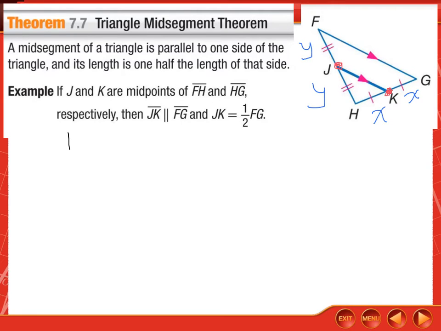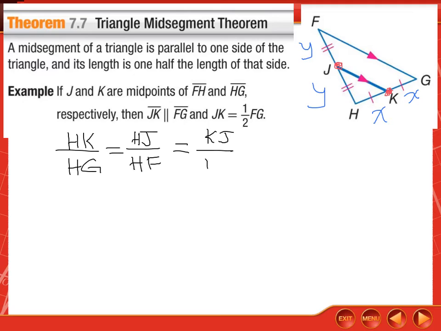We're going to say that HK in the small triangle is to the length of the big triangle, HG. We know that is proportional to HJ is to the big triangle, HF. And that is the same proportion as the third side. KJ is to FG. They are all proportional.